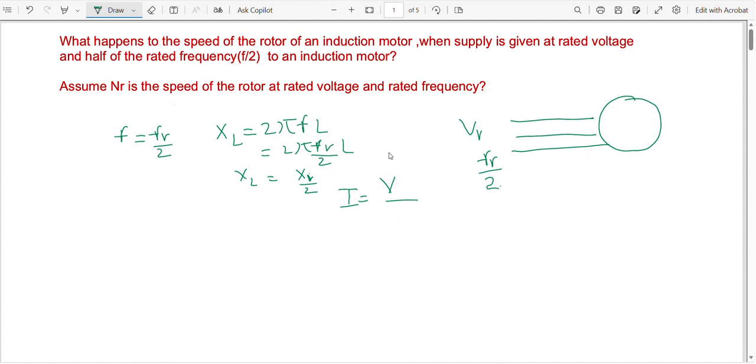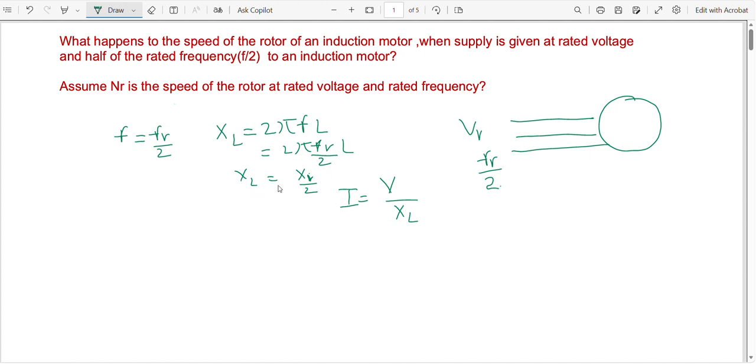But when the stator is considered, it has very little resistance compared to the leakage impedance, so we neglect the resistance and we can write current is equal to V by XL approximately.